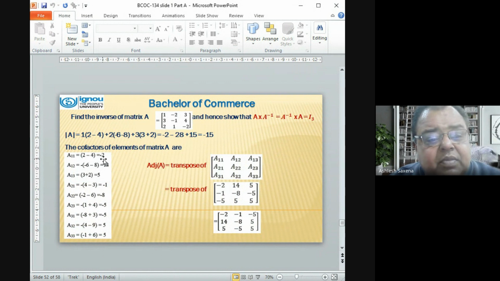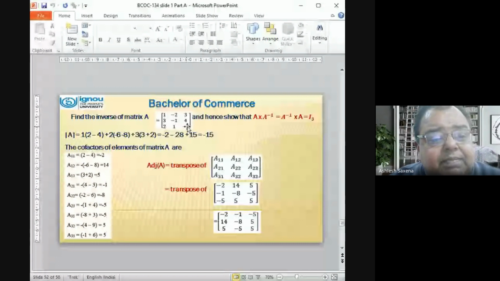Correct? Here it is. 1, 2. Remove this. Remove this. You are left with 3, 4, 2, minus 2. When you multiply 3 by minus 2, you will get minus 6. Minus 4 into 2 is minus 8. Here it is. It will be minus 14.